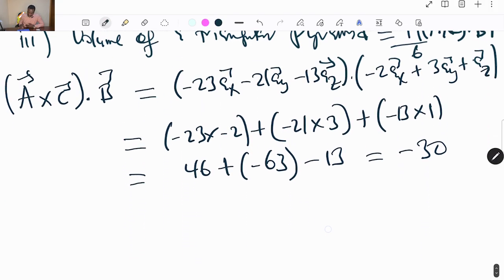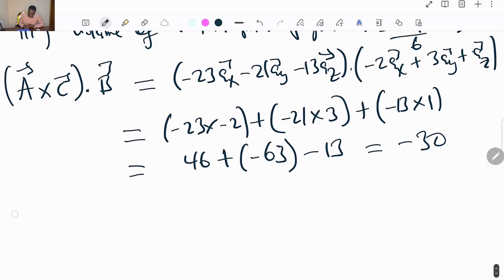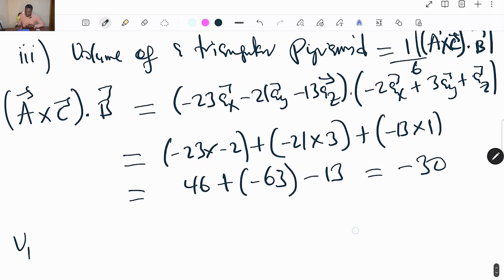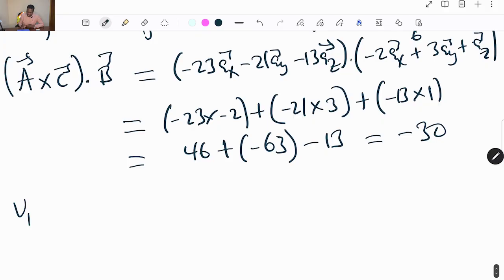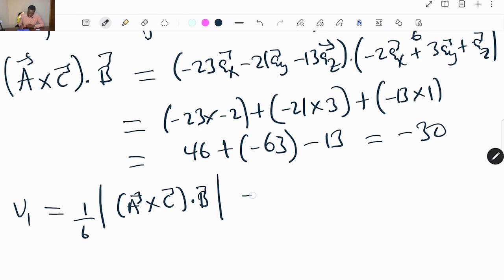Now we can come and replace. Let's use V1 to represent the volume of the triangular pyramid. So I can write 1 over 6 times the absolute value of vector A cross vector C, dot vector B. So we have 1 over 6 times minus 30, which gives 30 divided by 6.